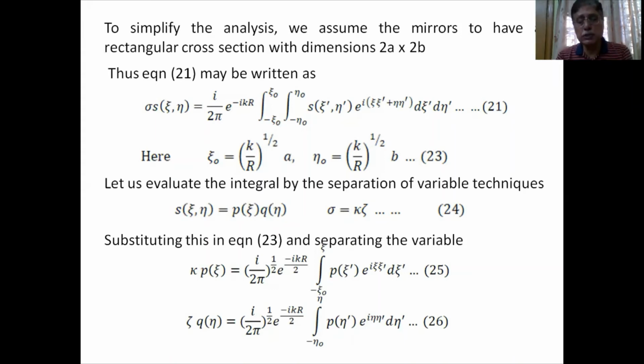So these are the two expressions 25 and 26 obtained after separation of variables. This contained both variables together; we have separated the variables of xi and eta. So in terms of xi, the expression is this, and in terms of eta, the expression is this.